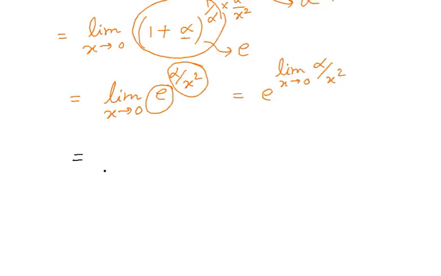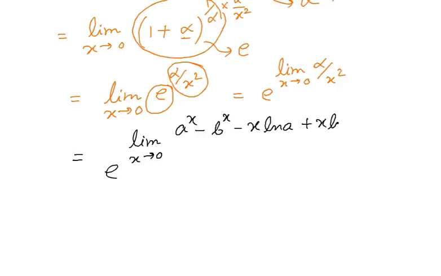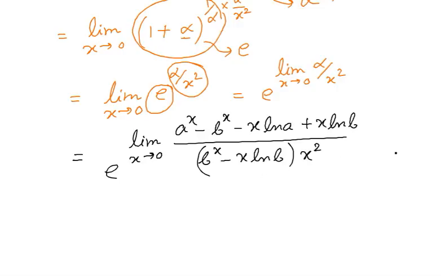It will become e to the power limit x tends to 0 of (a to the power x minus b to the power x minus x ln a plus x ln b) divided by (b to the power x minus x ln b) into x square.